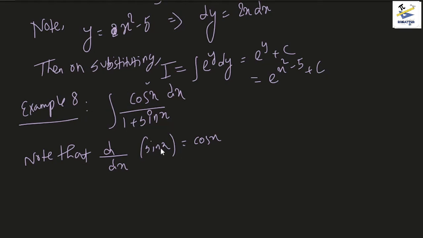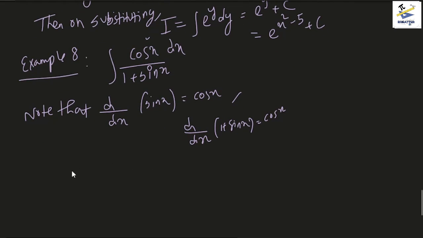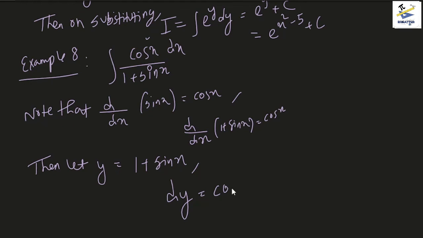So if the derivative of sine x is cos x, then the derivative of 1 plus sine x should also be cos x, right? So rather than going for the substitution y equals sine x, what we can do is directly go for the substitution 1 plus sine x. Let y equal 1 plus sine x, and from that we get dy is equal to cosine of x dx.